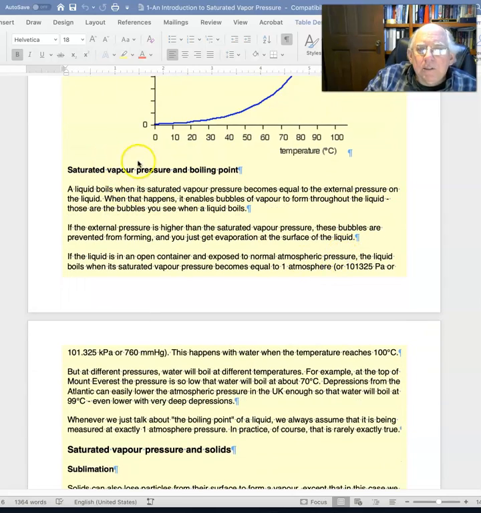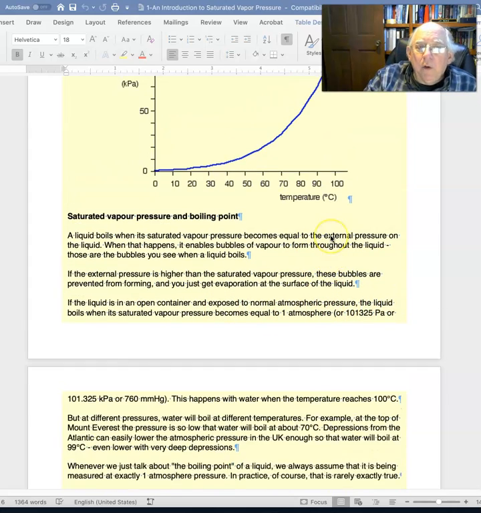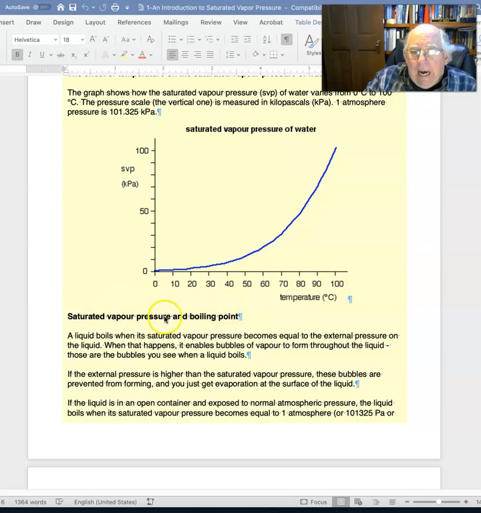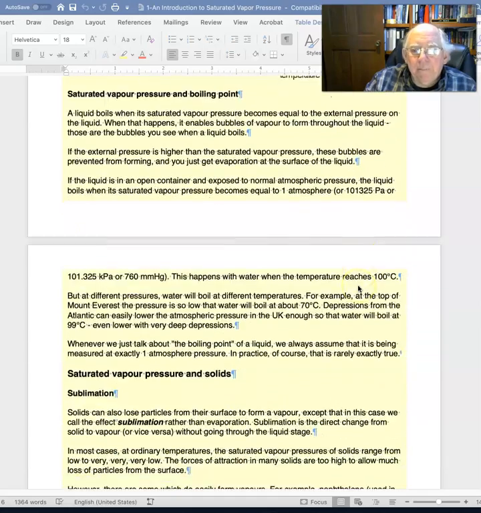Saturation vapor pressure and boiling point are directly related to each other. When we say something has a high saturation vapor pressure, that usually implies it has a certain boiling point associated with it, and when it has a lower vapor pressure, it means it has a lower boiling point. And the relationship looks like this.